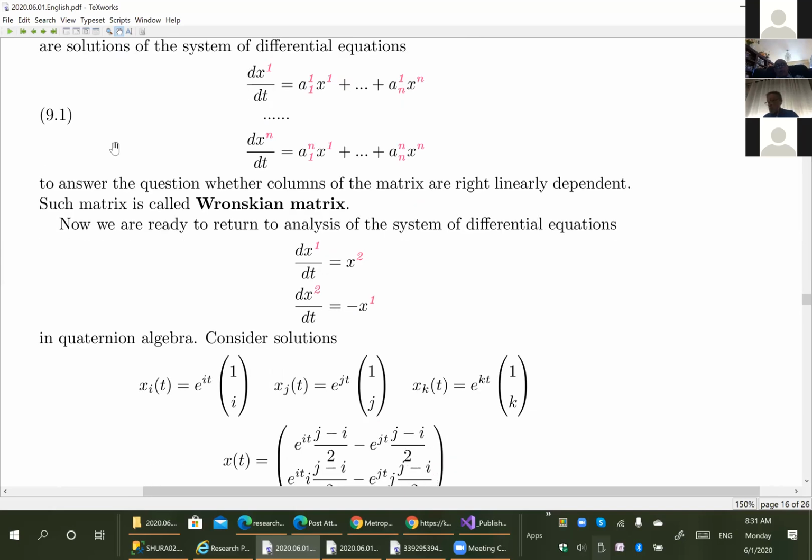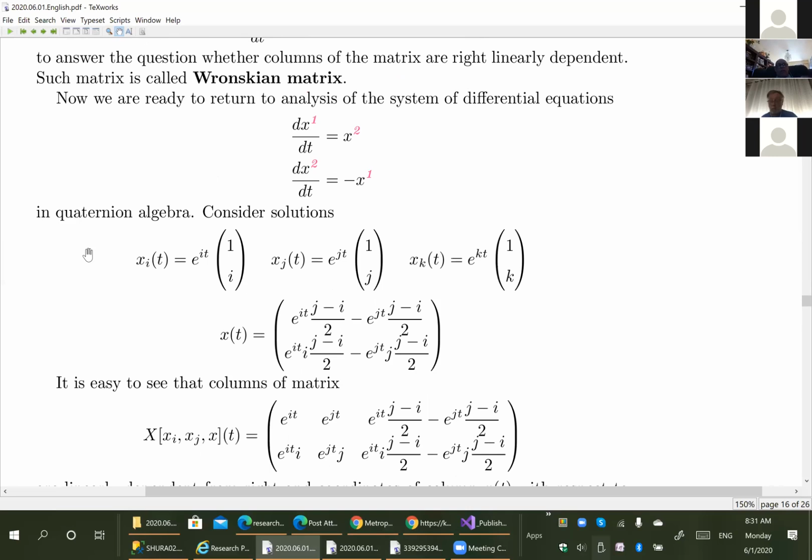Getting back to my system of differential equations, I considered the solutions: the first solution, exponent in power it, exponent in power jt, and exponent in power kt, and the solution that I got above in the example.